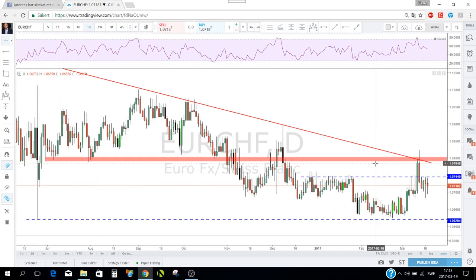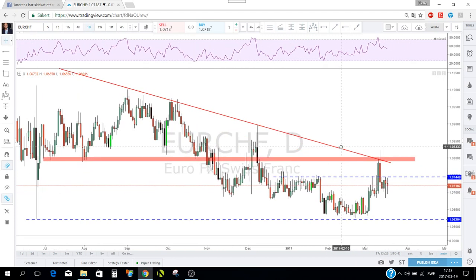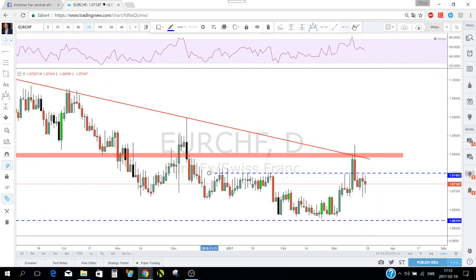So if we're going to say something tradable on this pair, it should be where price is right now. You maybe want to see how it will react to this structure here. Don't forget that we have this whole move here also.